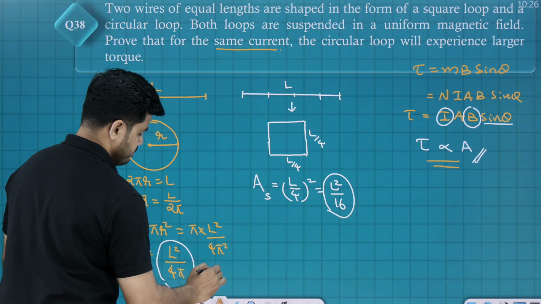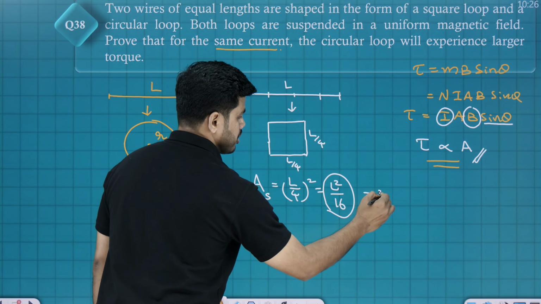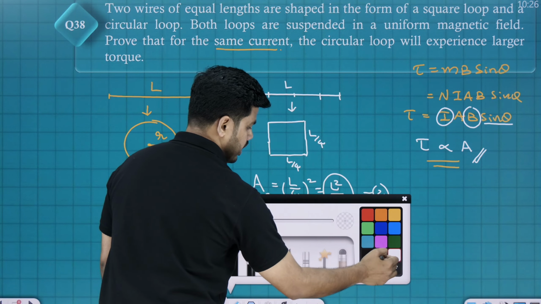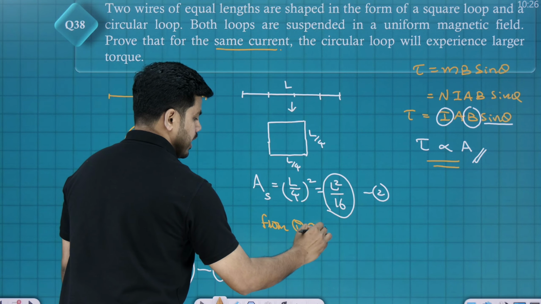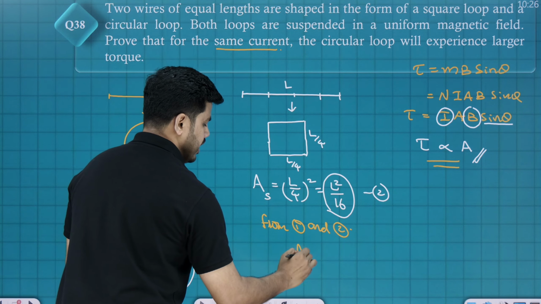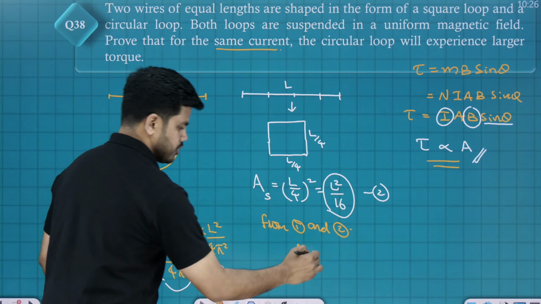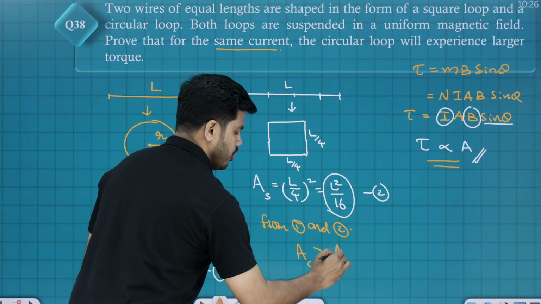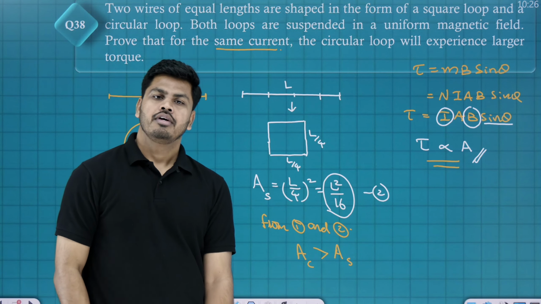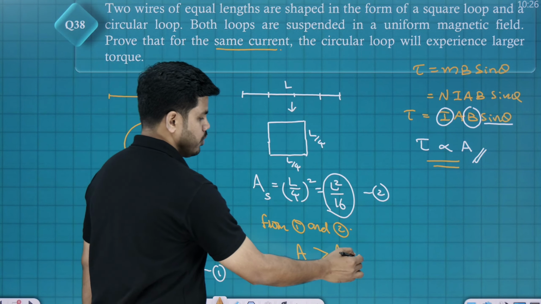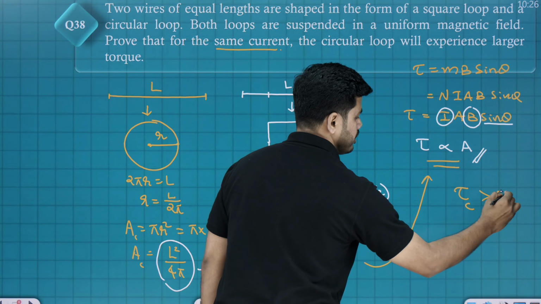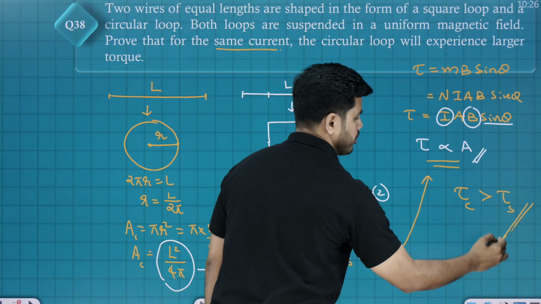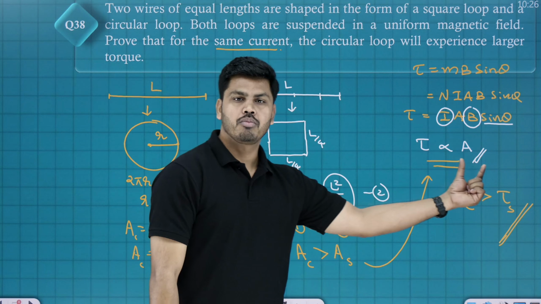If this is equation number 1 and this is equation number 2, then from 1 and 2, what is your conclusion? From 1 and 2, we can say the area of the circular loop is actually greater than the area of the square loop, right? If so, torque acting on the circular loop is greater than torque acting on the square loop, because torque is directly proportional to the area.